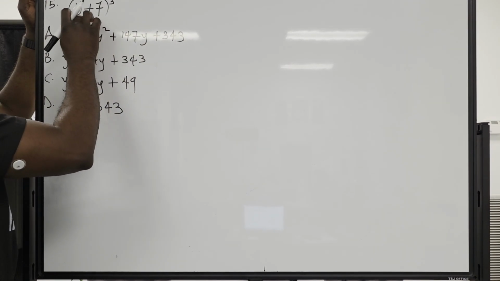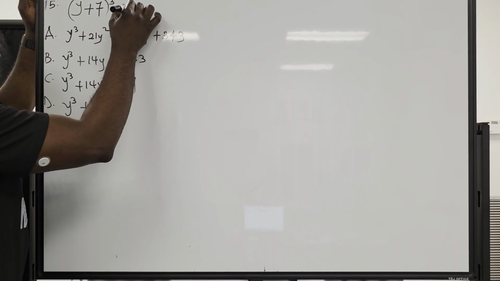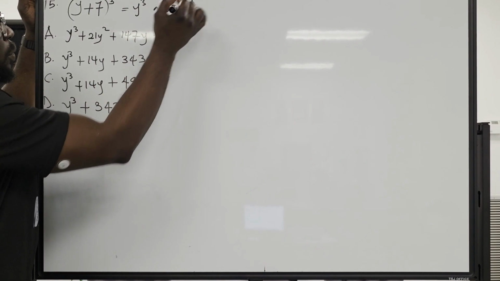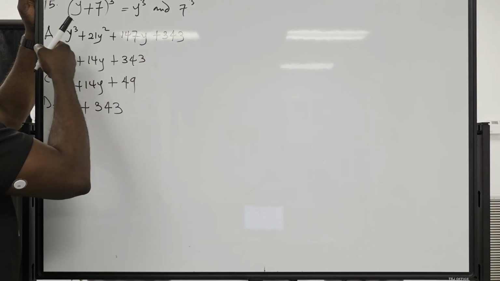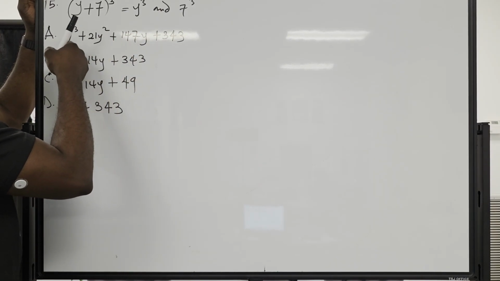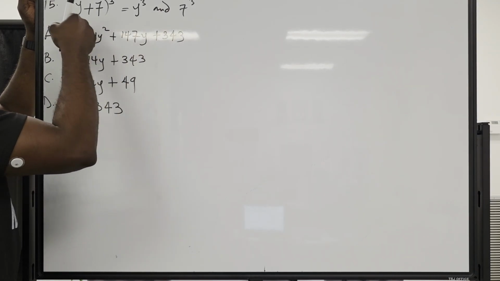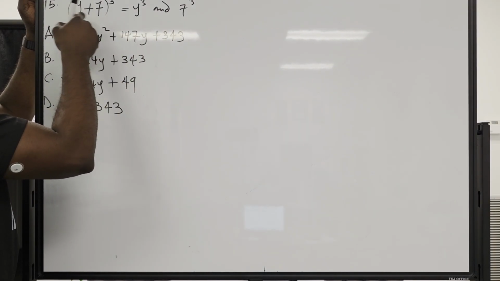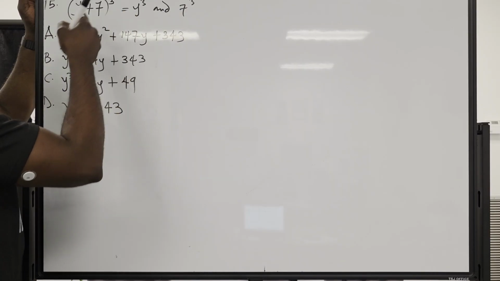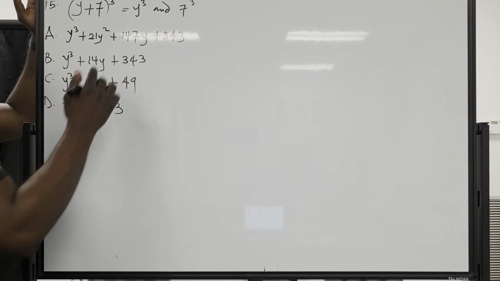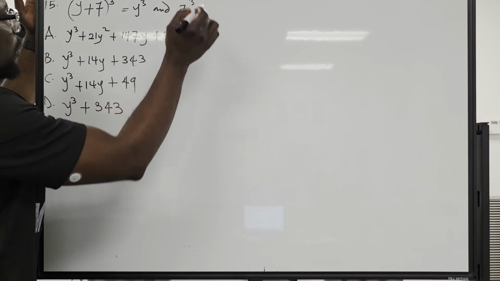Since you only have two terms right here, it's going to be y cubed and 7 cubed, the cube of these two terms. So all of them have y cubed, so I cannot eliminate any of these. But which one does not have 7 cubed?